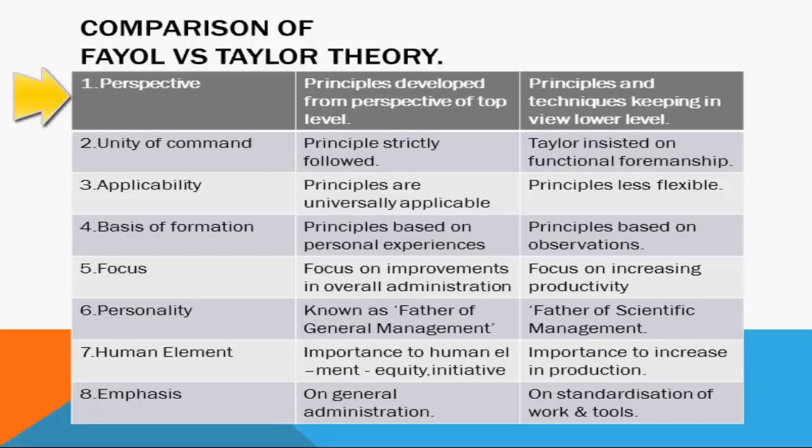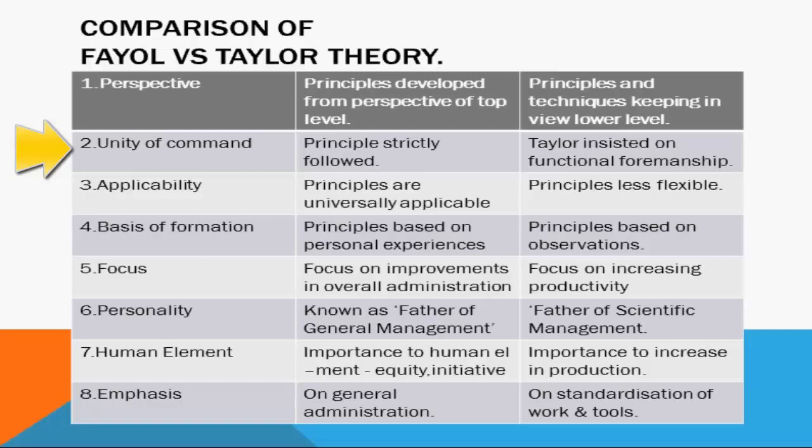Under this perspective, the Henry Fayol principle says that principles were developed from the perspective of top level. So top level he has considered. Whereas in case of F.W. Taylor, Taylor gave the principles and techniques keeping in mind lower level. As you can see in the slide, the second principle, unity of command. Under this principle, the principle is strictly followed under Henry Fayol.